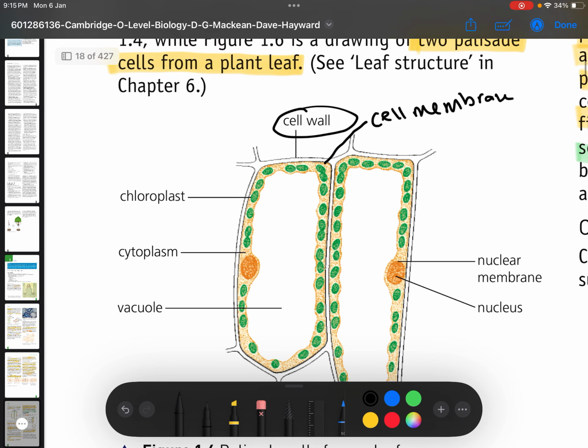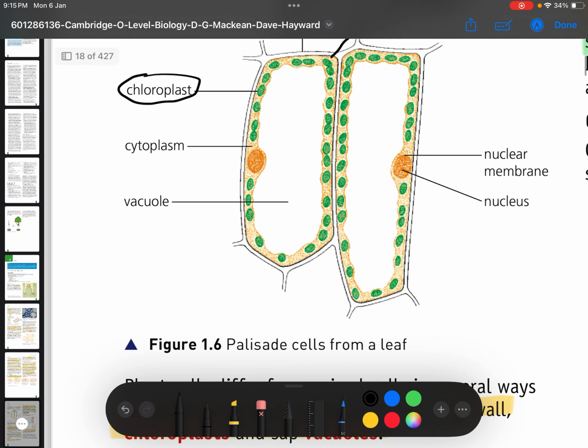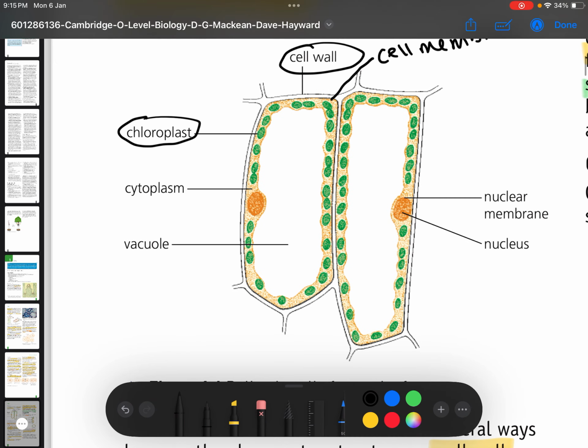Now we also have green structures called the chloroplast. This is something that was not present in the animal cell either. So here we have the chloroplast, and we will discuss it further on in detail. Secondly, we see that there's a large vacuole, and this vacuole is pushing all of this cytoplasm, this orange cytoplasm that they have given here, to the periphery.